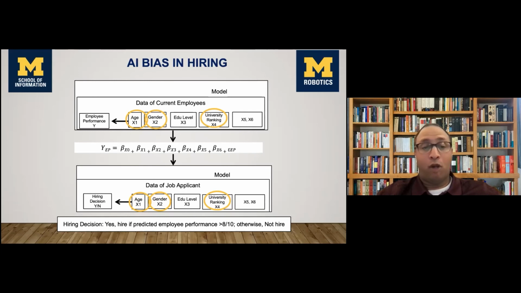If you were looking, you would say, hey, I'm predicting performance. This is an objective measure. That's fairness, right? How else can you be fair? And even if you take out age and gender from the data set, other things are going to be related to age and gender. So I'll give you an example. One company tried to avoid bias against female applicants. So they took gender out of the actual data set and thought they were fine.